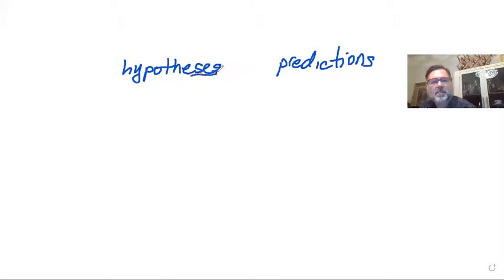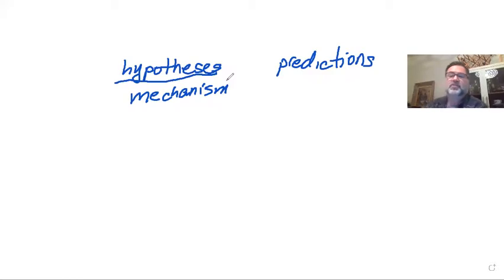Now remember that a hypothesis is like a mechanism. It's the thing that's causing something to happen, right? Testosterone is driving aggressive behavior in song sparrows, right? A prediction is what you actually observe. Like I said, we can't see hormones acting directly.